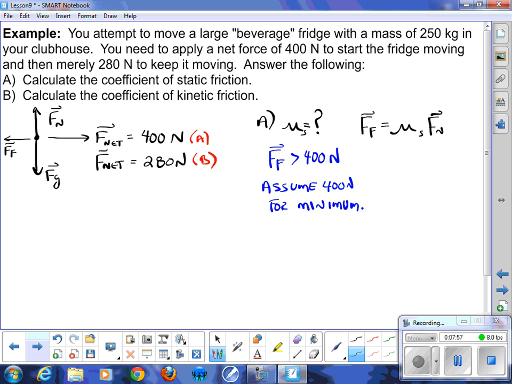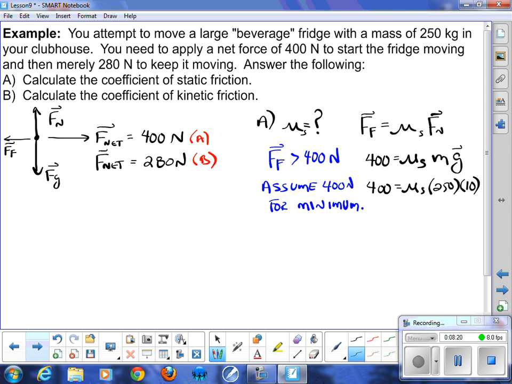So that being said, substituting my 400 here, mu s, normal force, is mass of the fridge multiplied by gravity. So 400 equals mu s times the mass of this fridge, which is 250. And again, for this course, I'm just going to use gravity as 10. It makes the math a lot easier for myself.